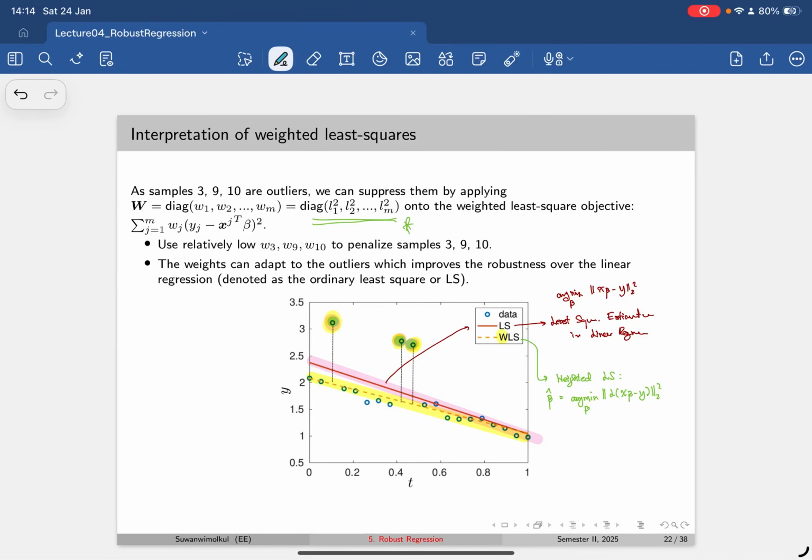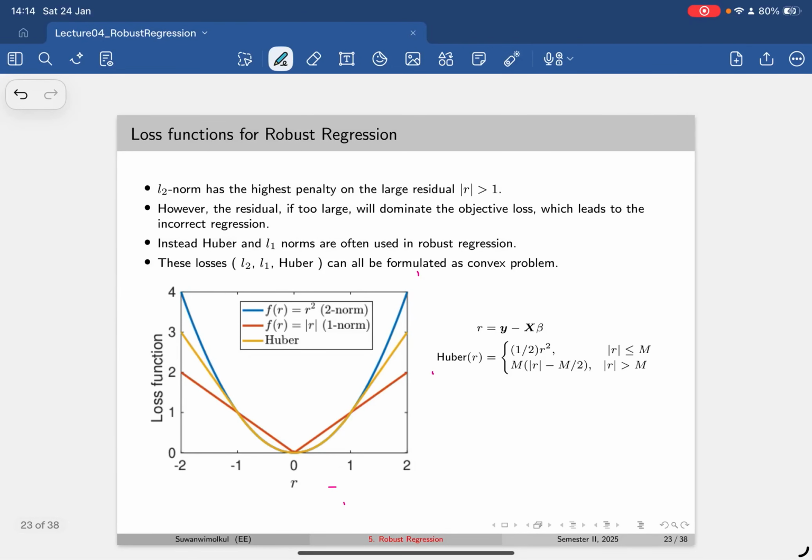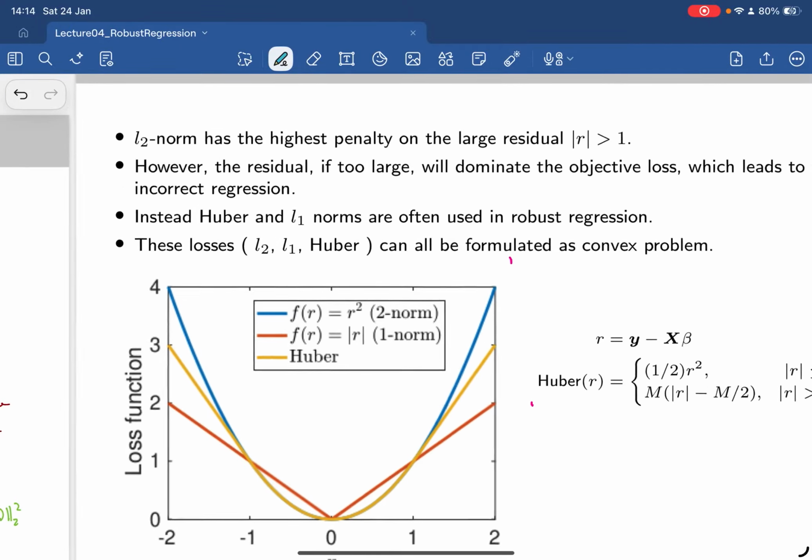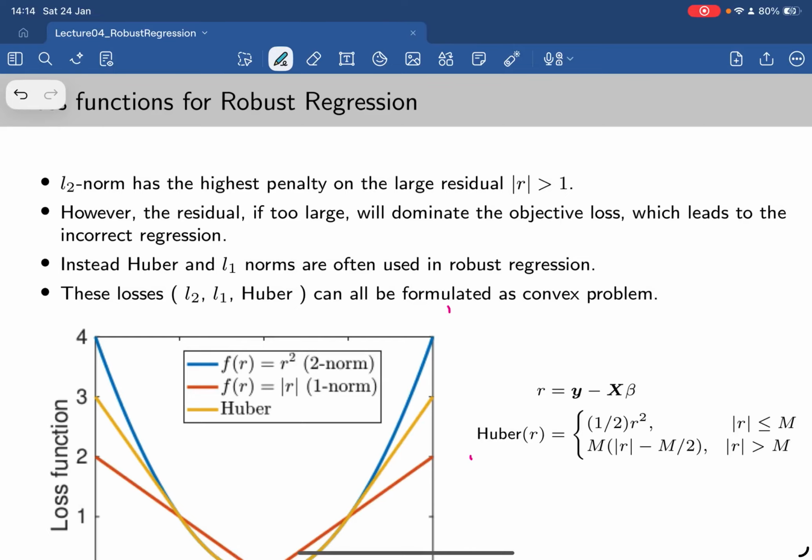Right, and the next technique, as I mentioned before, these techniques are the ones where you don't want to care where the outliers are going to be, but you know that there may be outliers in this data sample, and therefore you go with the conservative choice of the norms used in the cost function.